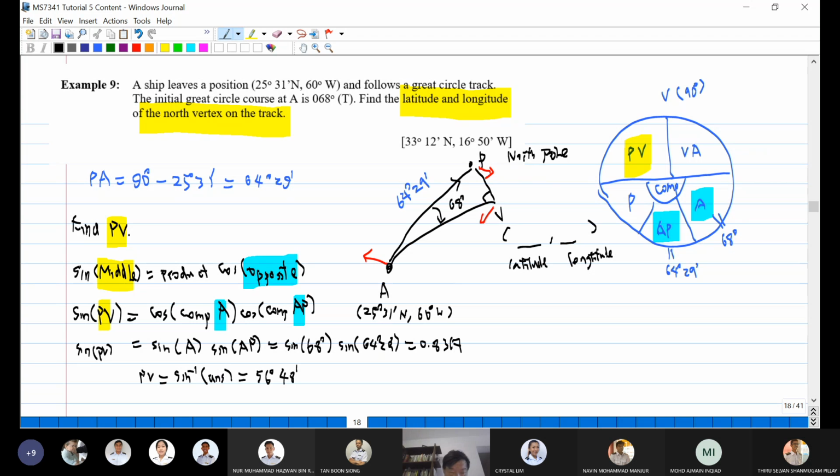Okay, so PV is this one, but for sine we have this property. I will remind you when you look at the sine function: this is theta here, this is also theta here.